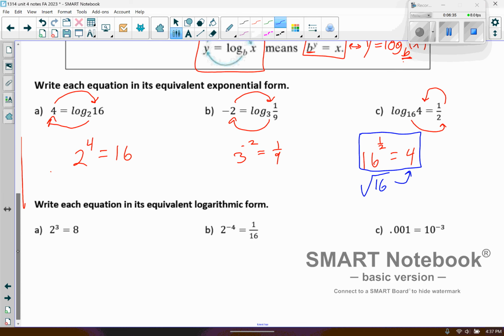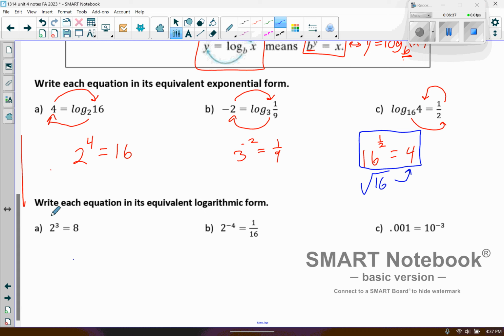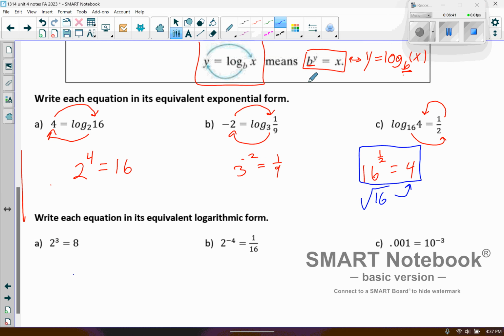And so now we're going to go the other direction. Now we give it to you in exponential form, and we want you to convert it back to log form. So you're going to have log base 2 of 8 equals 3.